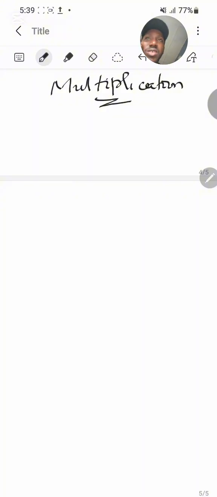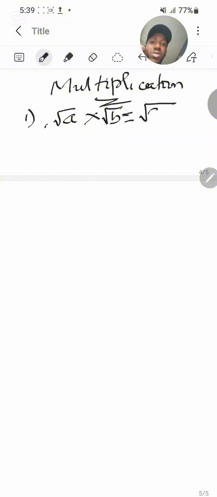For multiplication of surds, one of the principles we need to know, number one, is that root A times root B is equal to the square root of A times B. So when two surds are given, you multiply their contents and you have your bigger root.